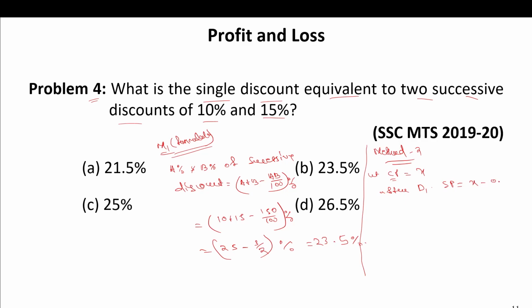X minus 0.1x, that is the discount amount. So cost price minus discount amount, that is 0.9x, right? So after D2, SP is equal to 0.9x minus 0.15 into 0.9x, right?